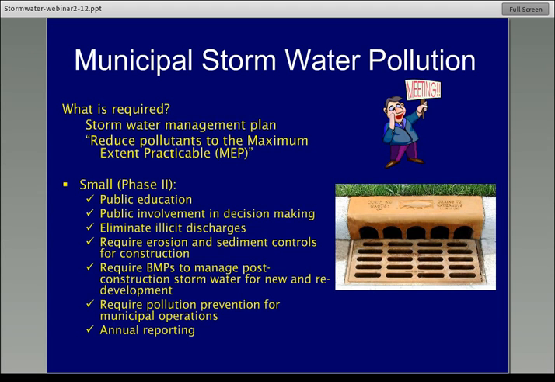There's not that same requirement for regular monitoring that you see in the NPDES program that deals with wastewater. You may remember Merritt was talking about the discharge monitoring reports that are required in the wastewater NPDES program. They're monthly.